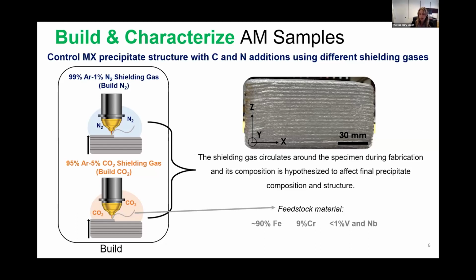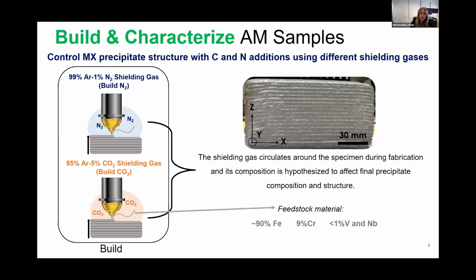And this composition of the feedstock material was used because it represents a current leading candidate alloy for advanced fission reactors. For those of you familiar with materials, it represents grade 91. So the 2 as-printed builds were made with the same initial steel composition, but they differed in one very important way. And that was the composition of the gaseous atmosphere that was used during their fabrication.